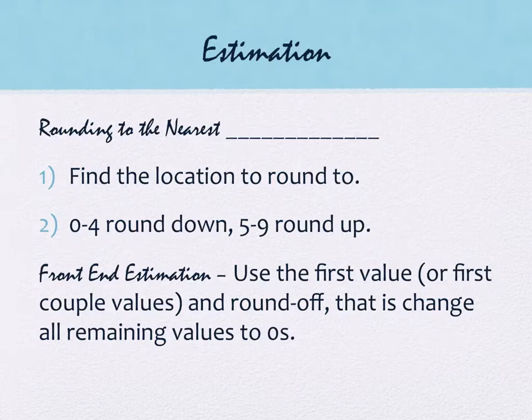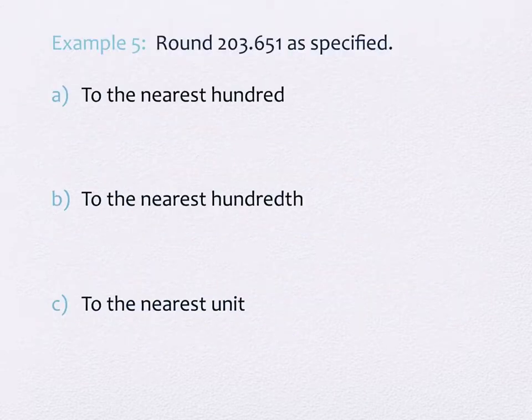So when you use front-end estimation, basically you just keep the first digit or the first 2 digits and everything else becomes a 0. Obviously sometimes that means it's going to be the same as rounding, because sometimes with rounding we just keep the value and make things at the end 0. But sometimes with rounding we actually round up, and that's not what front-end estimation would do. So let's see a couple of examples.